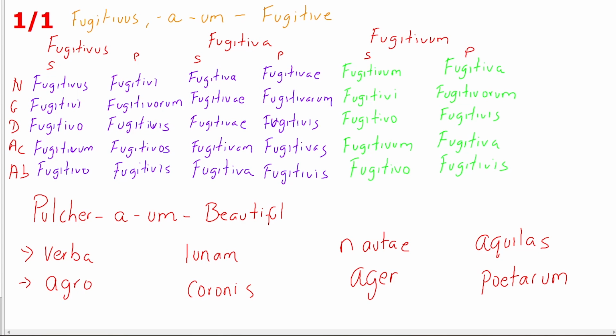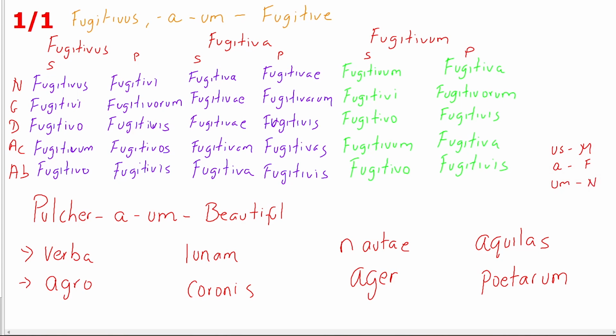What you are supposed to do here is, just as we did earlier, first identify which is the gender. When you look in the dictionary, you will find out based on the endings. If it is ending with us, it is masculine. If it is ending with a, it is feminine.